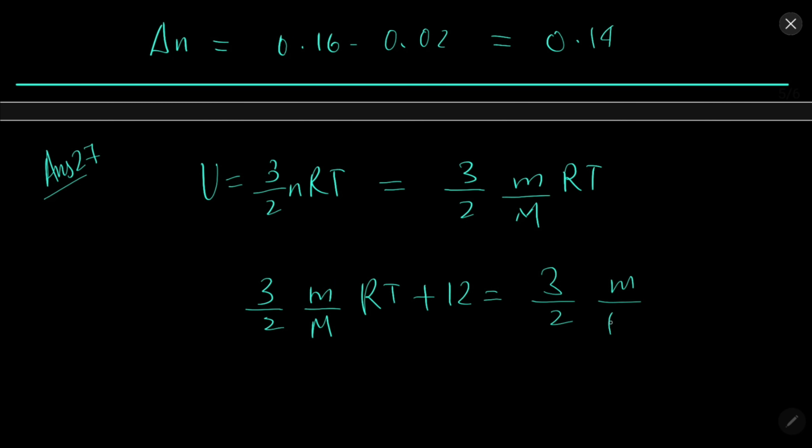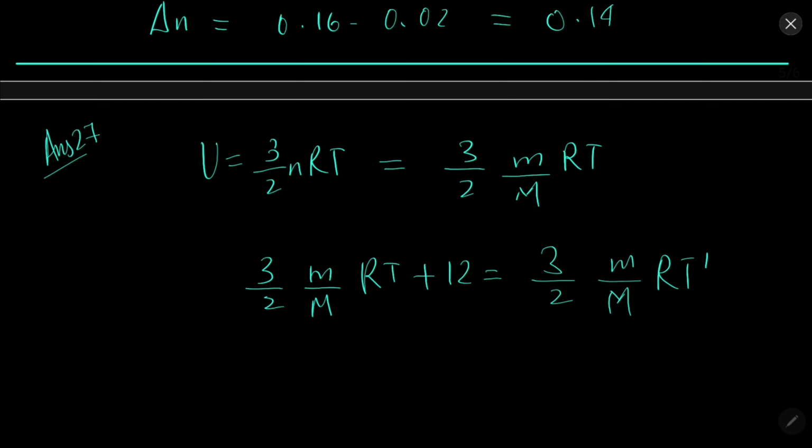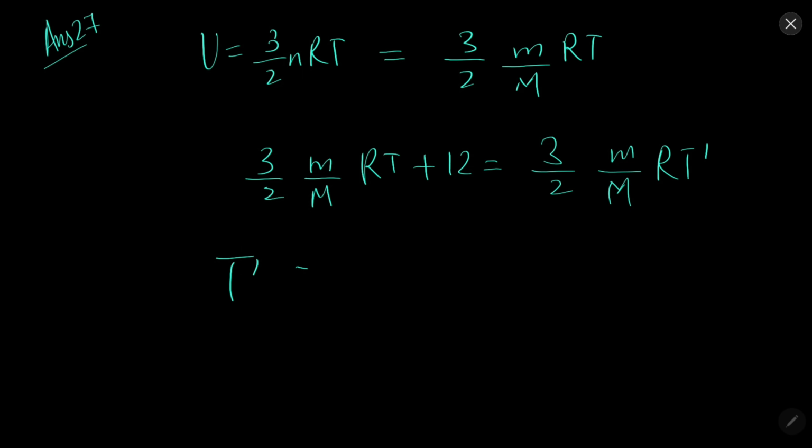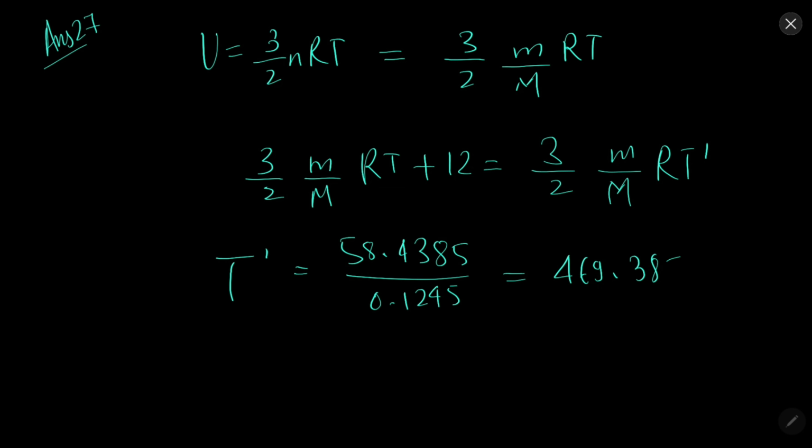So according to the question T dash will be, after simplification, something like this. Around 196 degrees Celsius.